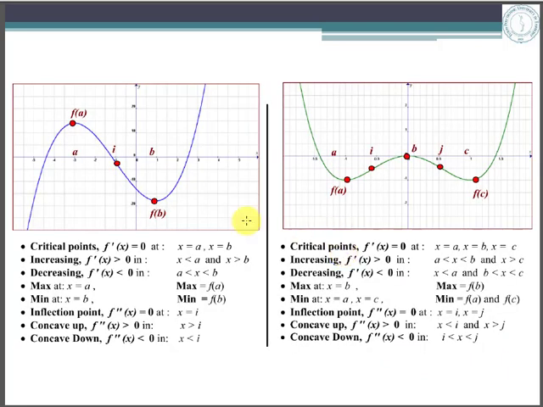And then here you can see the critical points. They are A and B in this graph.